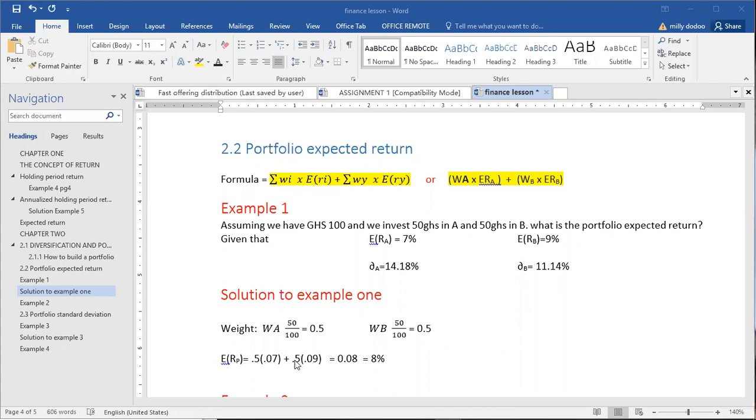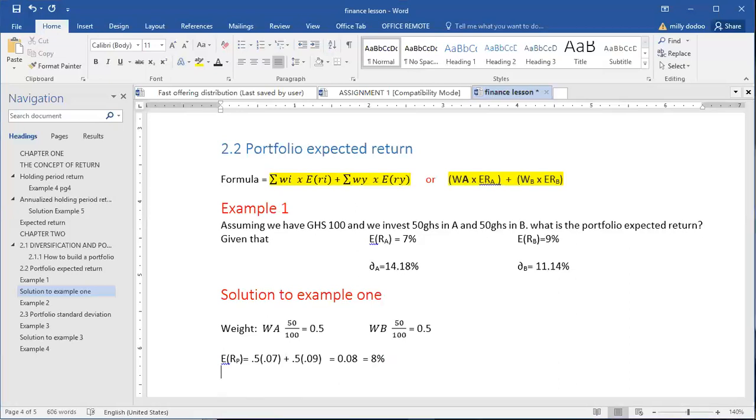How much am I investing into Richmond? Another 50%. So 0.5 multiplied by how much will Richmond give me if I invest into Richmond? 9%, 0.09. So I'm going to get 0.08, which when I convert, I will get 8%.